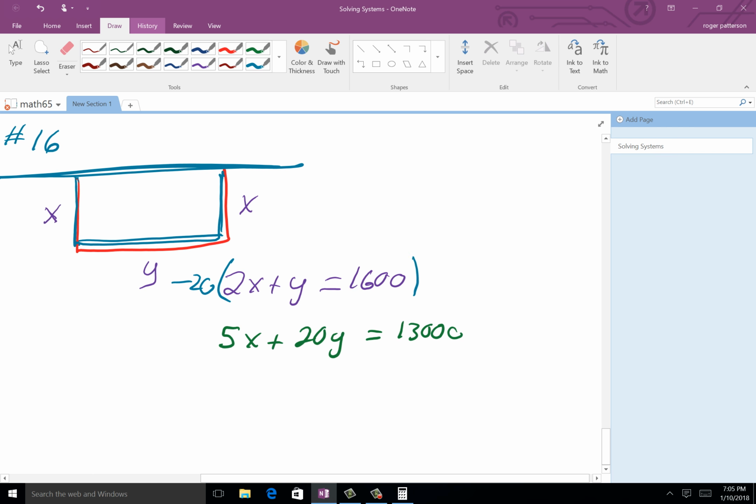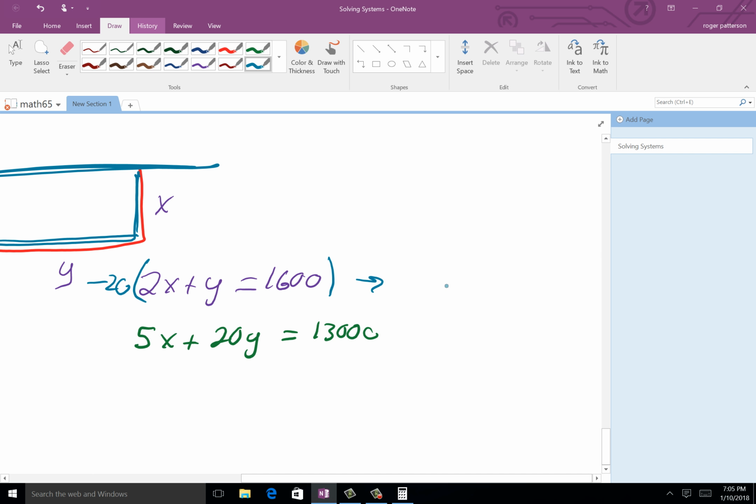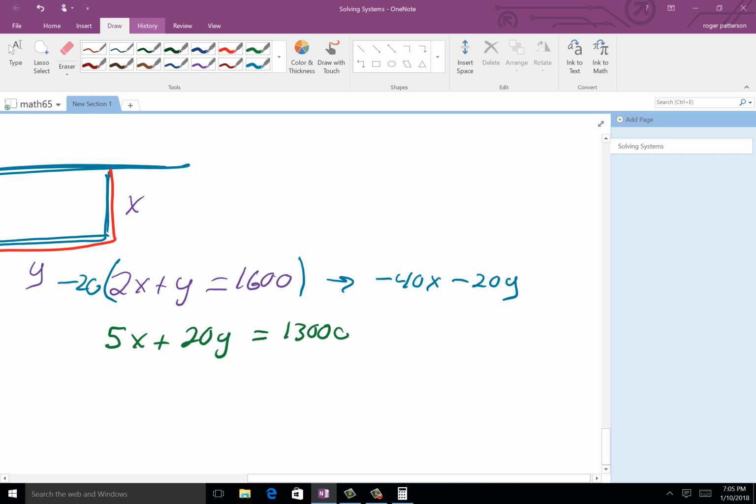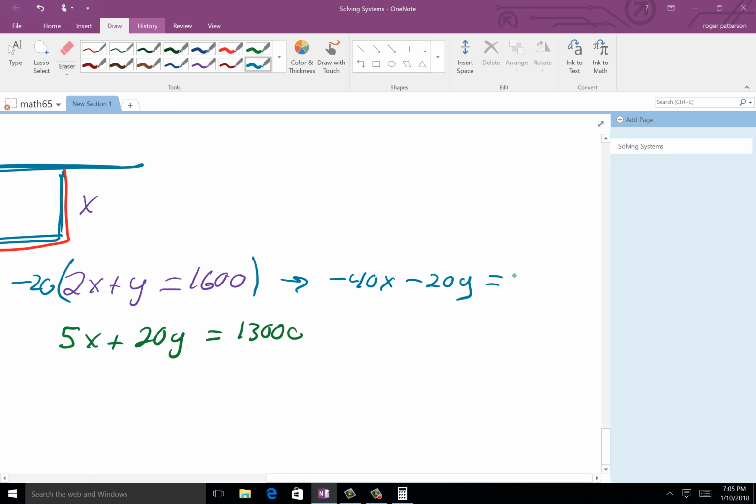What a good idea. This time I'm going to go over here, so I don't get confused. So we get -40x minus 20y equals 32 with another 0, and it's going to be negative. Okay, and then the bottom one doesn't change, because you said you were going to leave that one alone.